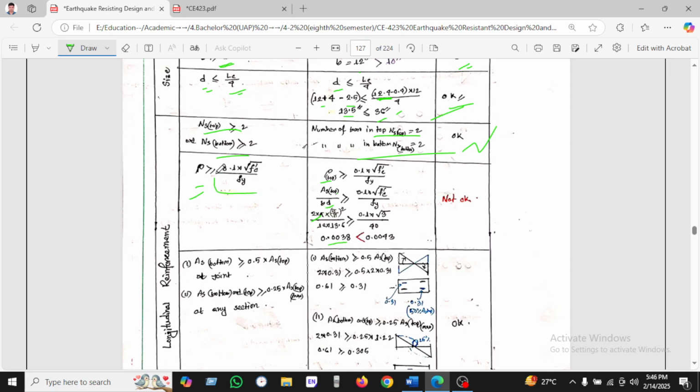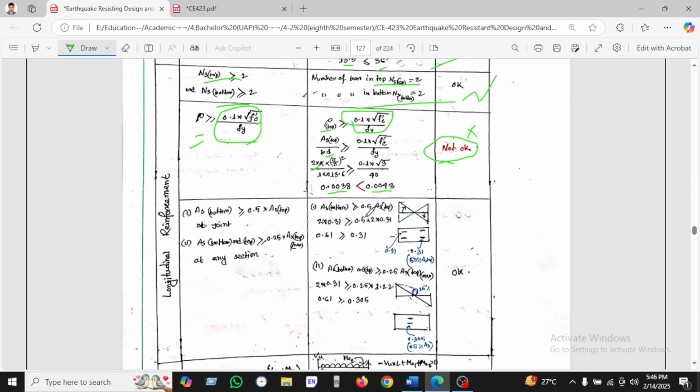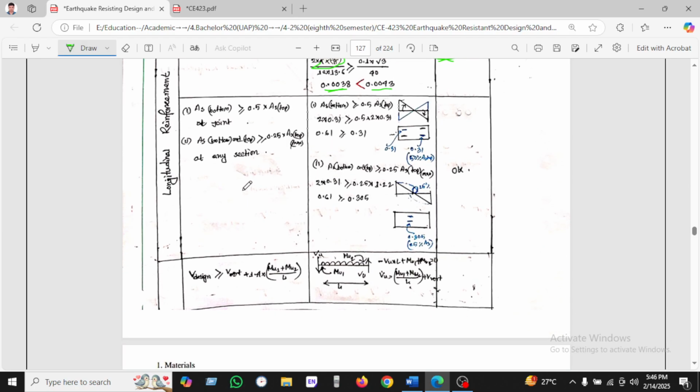On the other hand, the code prescribes this value, and putting this value we found 0.0048. So this is not okay. You have to redesign and modify the design, and we have to use more top steel to get the higher value.